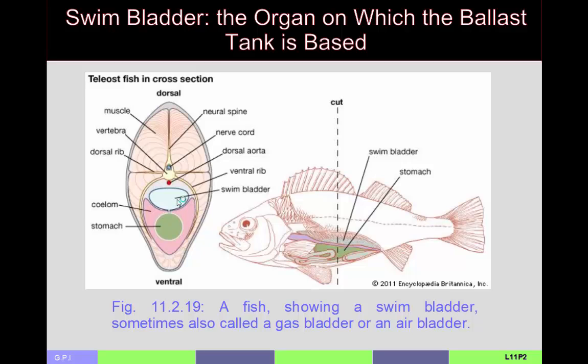The fish does the same thing as the submarine, in that it can fill the swim bladder with water, or it can squeeze the water out and fill it with air instead. That allows the fish to either float or sink in the water without having to expend too much effort by physically swimming with its tail and its fins. So it just changes its buoyancy, and in fact a fish can therefore float in water at a given level and fall asleep there if it wants to.